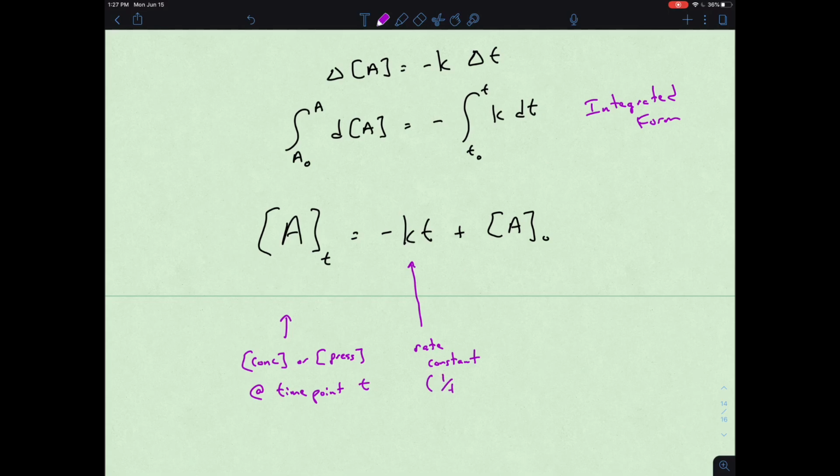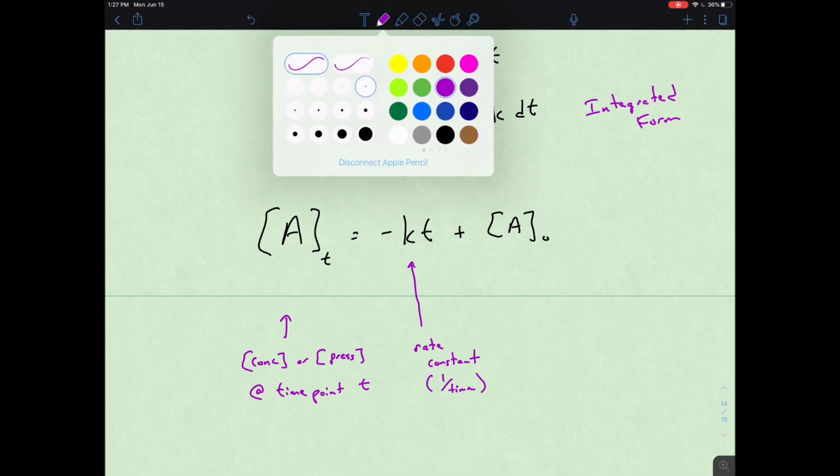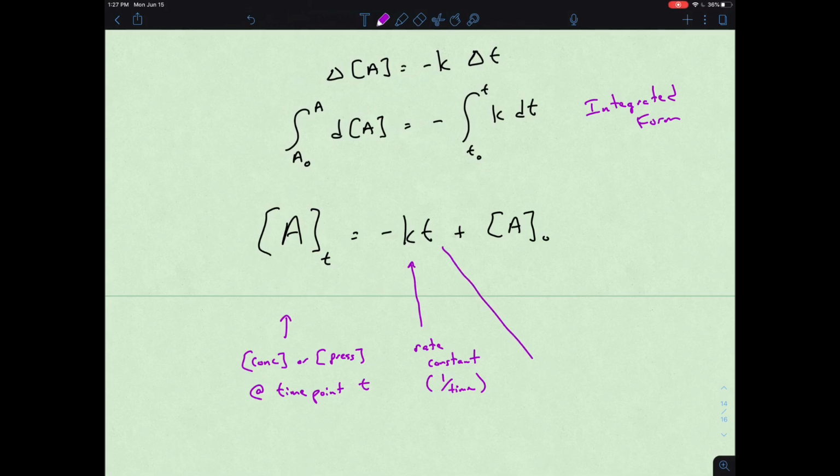Remember, that's in 1 over time. We then have our time point. And then we have the initial concentration or pressure for the beginning of the reaction. And so here is one form of the integrated rate law for a zero order process.